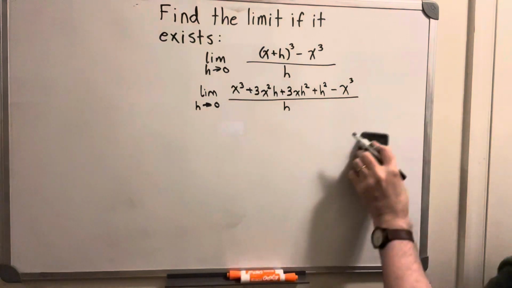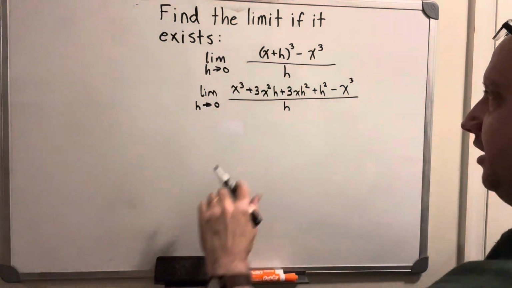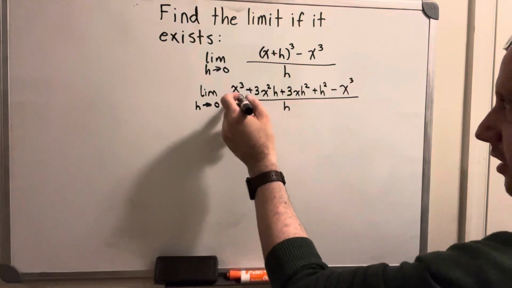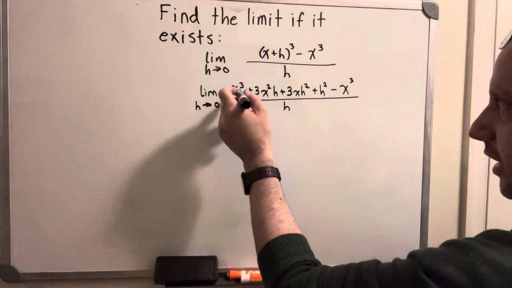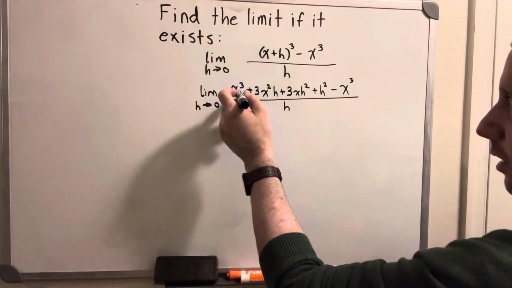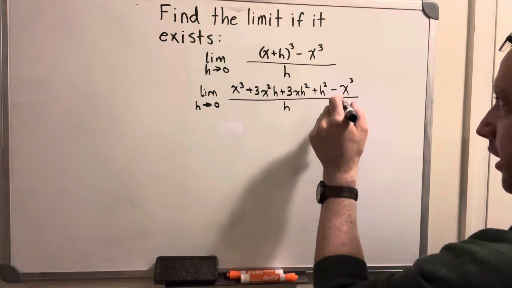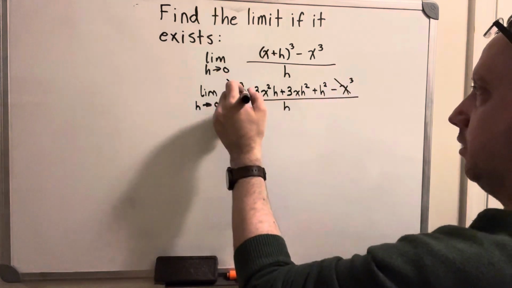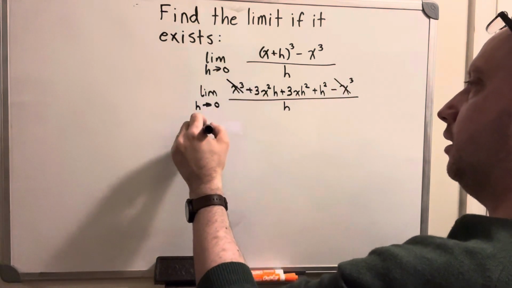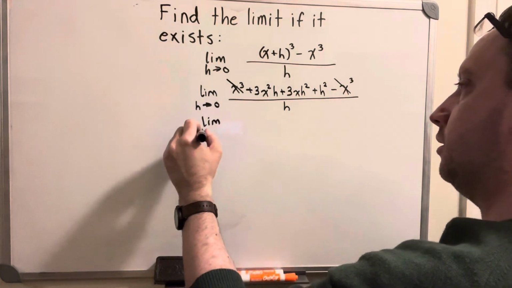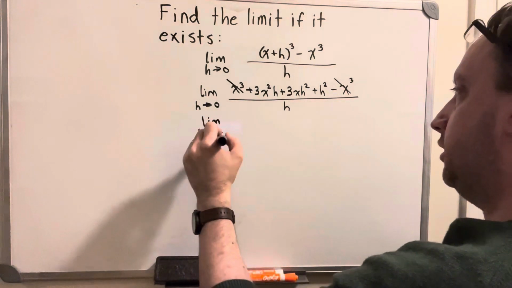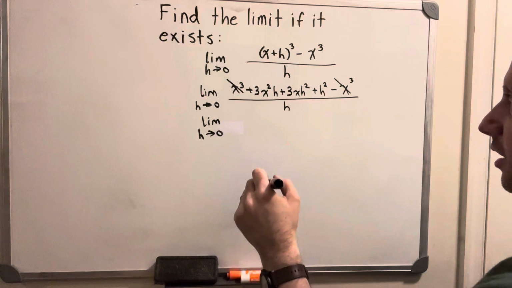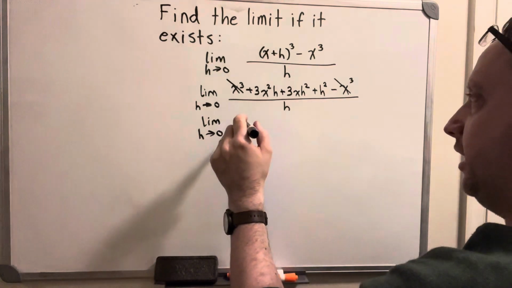And then you look at this and you see that there's a positive x cubed right here, and then there's a minus x cubed here, so they cancel out. You can see that solving limits often ends up in a lot of writing.